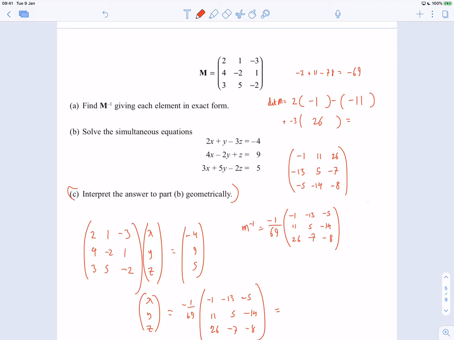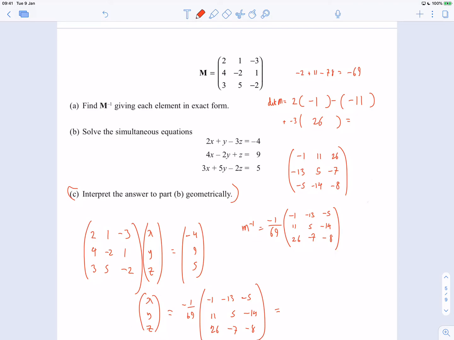So if I take that answer and I multiply by matrix, no, yes, and I want, what is it? That is a 3 by 1.